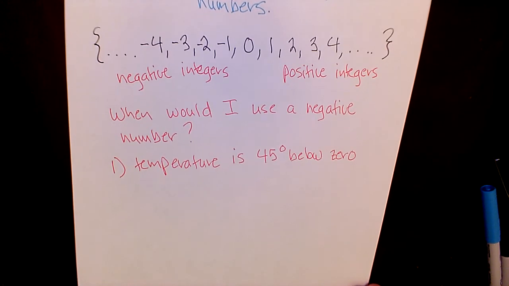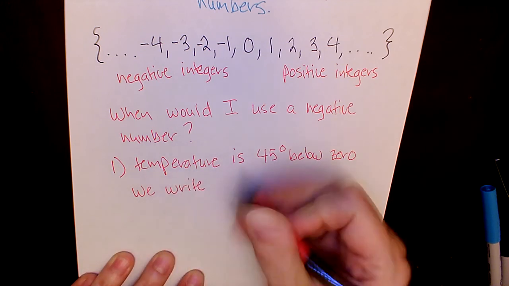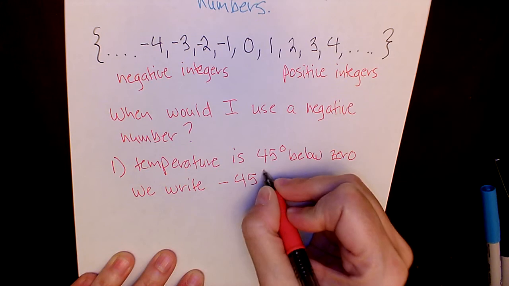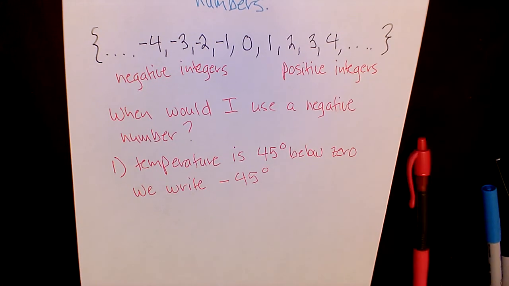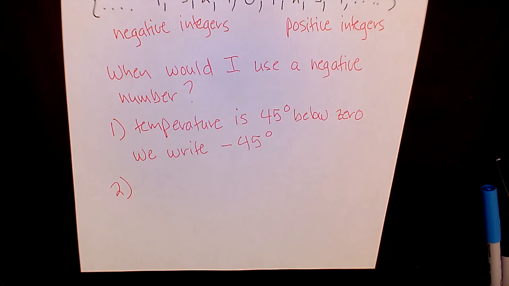Okay, so if I didn't want to write this out, it'd be easier for me to write that with a negative number. So how would I write 45 degrees below 0? We would write negative 45 degrees. And we know that that's below 0, really, really cold. So temperature is one thing I can use negative numbers for.